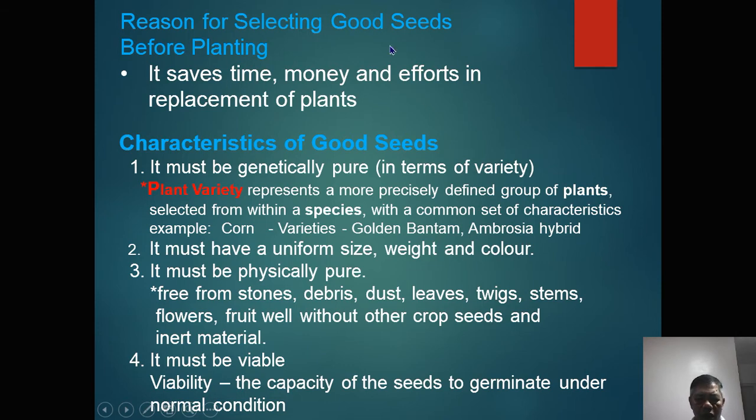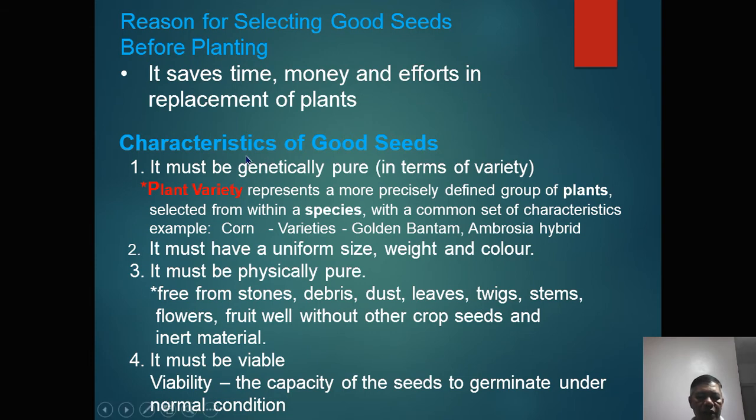So that's how important really is the selection of good seeds. Time, money, and efforts are wasted if you will not select good seeds.